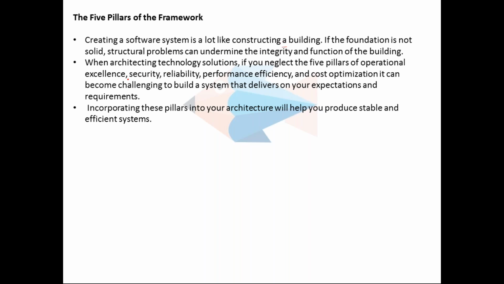In the same way, when you are architecting technology solutions, if you neglect the 5 pillars of operational excellence, security, reliability, performance efficiency, and cost optimization, it can become challenging to build a system that delivers on your expectations and requirements. Incorporating these pillars into your architecture will help you to produce stable and efficient systems. Now, we will see what are all the 5 pillars in little detail.